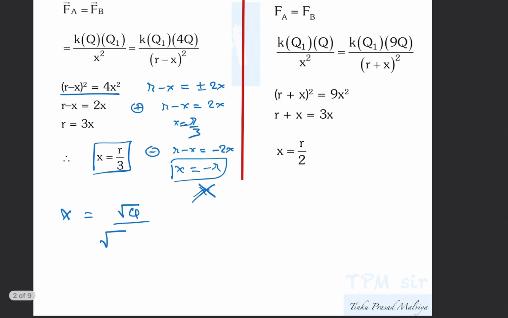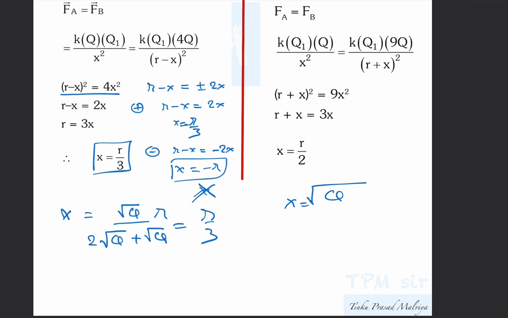Okay, 4q. So I will get 2 root q plus root q. You will use the plus sign when both the given charges are of the same polarity. So yes, here you are getting r by 3. It is very simple. And in the other case you will use the negative sign, obviously.